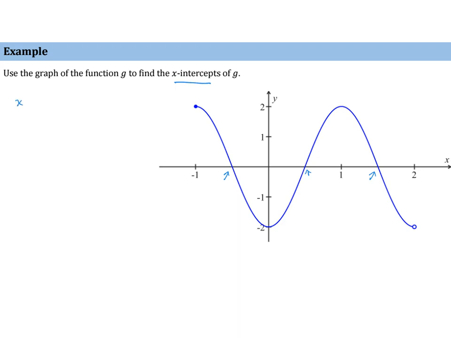So we're looking at x equals -1/2, +1/2, and then lastly 3/2. Now what about y-intercepts? How many y-intercepts are there, and what are they? So where does it cross the y-axis? Only here. So we're looking at the y-intercept of y equals -2.